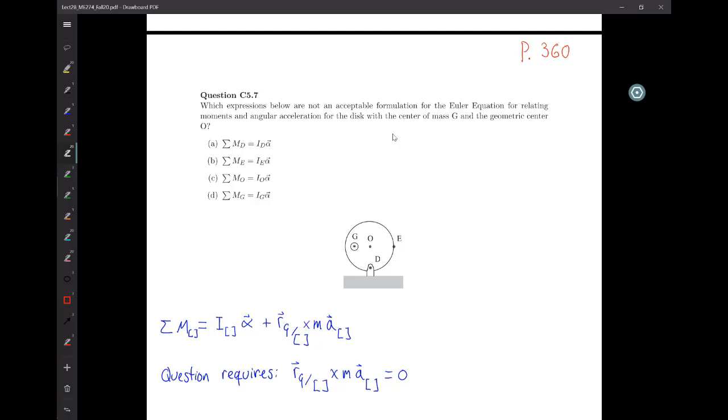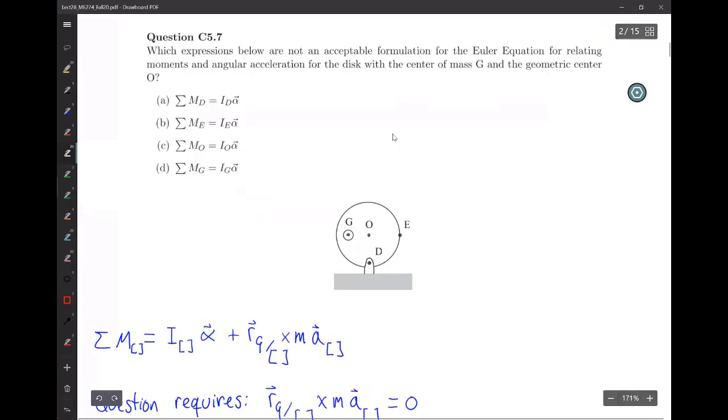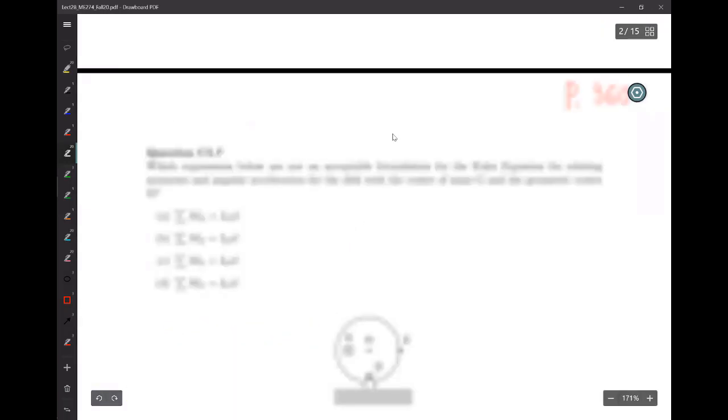So we did something similar to this last class, but I think it's very important that we pay a lot of attention to this. So in here we have this homogeneous disk.